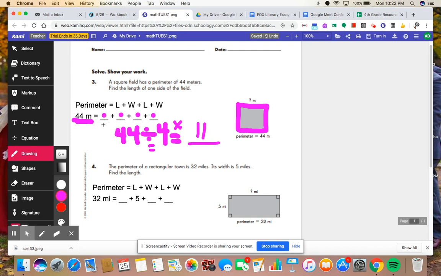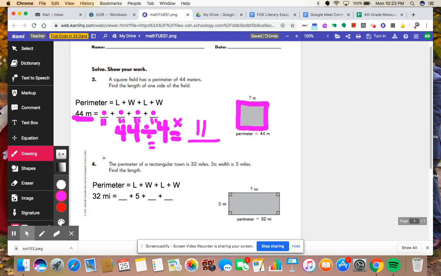Okay, so in these blanks, it should be 11 plus 11 plus 11 plus 11, because each side is 11, equals 44 meters. And if you actually do the math, 11 plus 11 plus 11 plus 11 should give you 44 meters, okay?